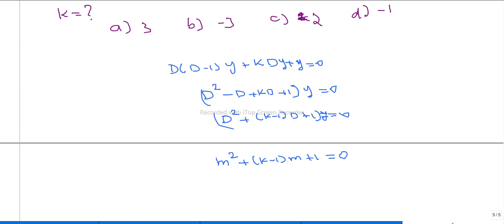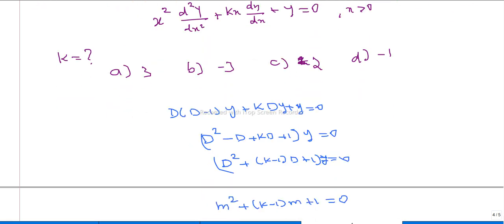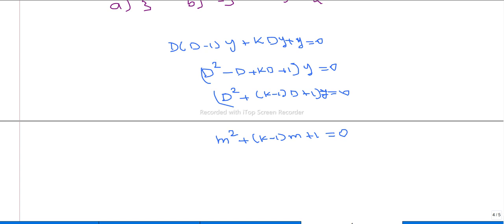Therefore, what is the value of this? Otherwise we can say the discriminant of this one is 0. What are the values of k? What are the solutions for this one?